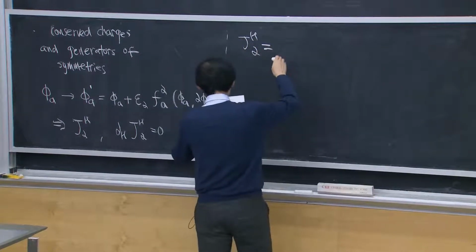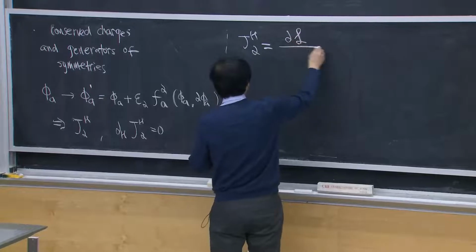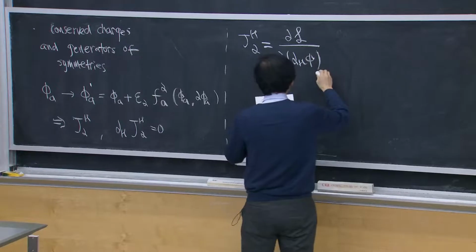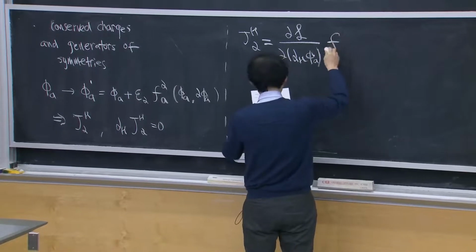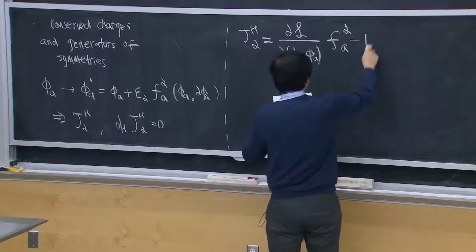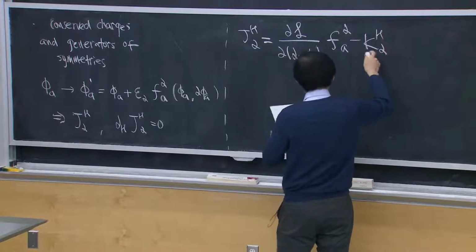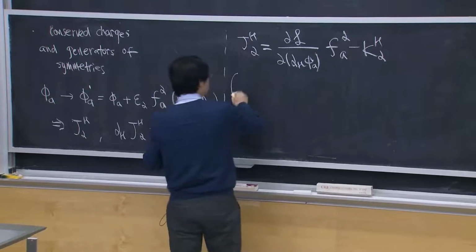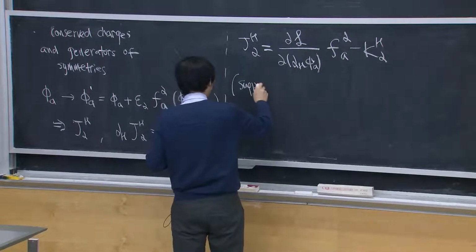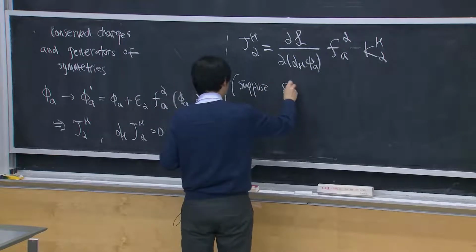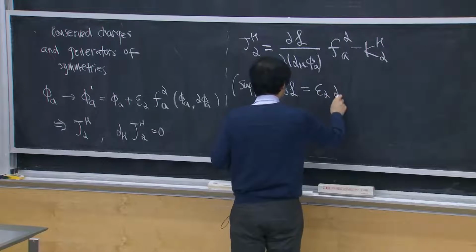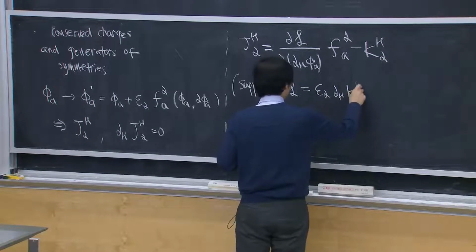So the current can be written explicitly. K mu is defined by the transformation of the Lagrangian density: suppose under this transformation, the Lagrangian density transforms as epsilon alpha partial mu K mu alpha.